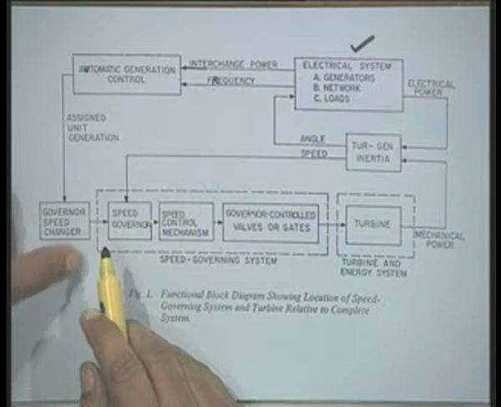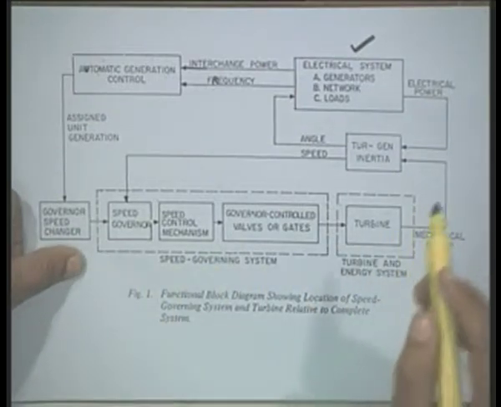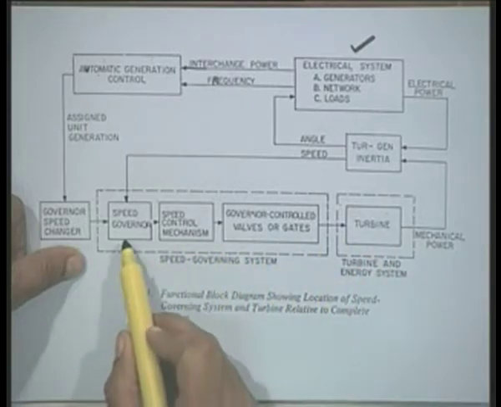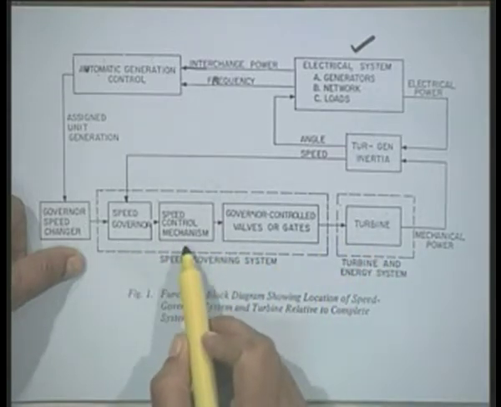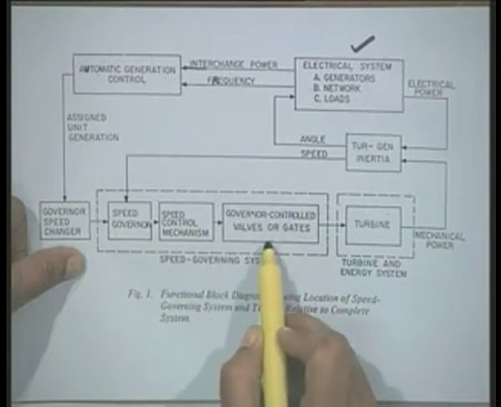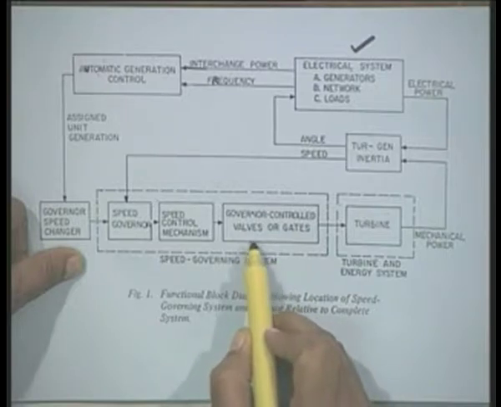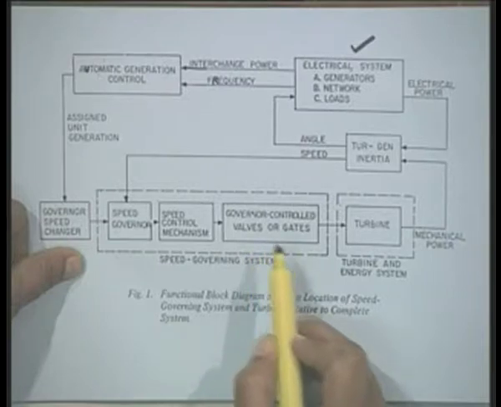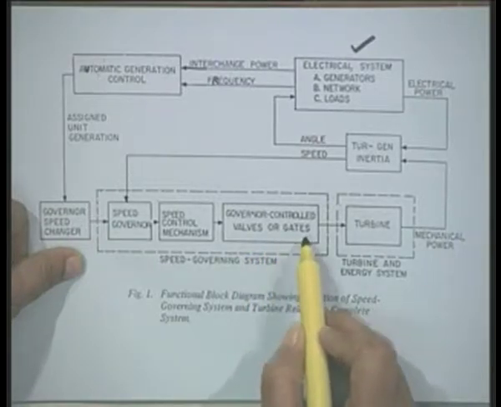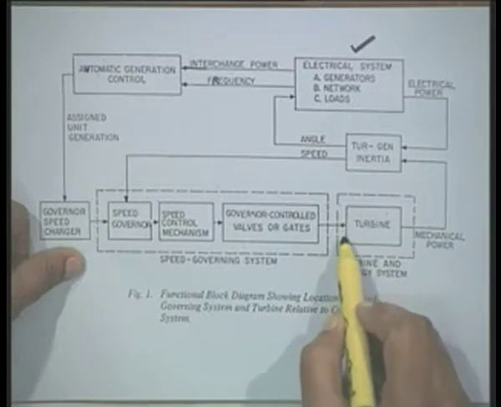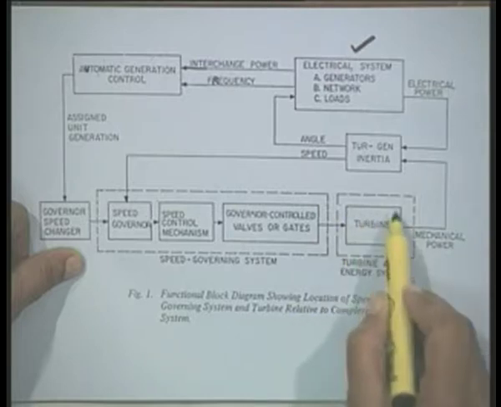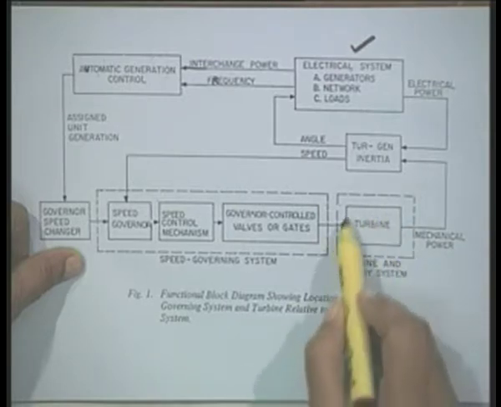Okay. Then when you look at the major blocks, we have the speed governor, speed controller mechanism and governor control valves and gates. Here we are writing valves and gates. The valves basically pertain to steam turbines and gates pertain to hydro turbines, and the output or the position of the gates controls the input to the turbine, and therefore this shows the turbine here.